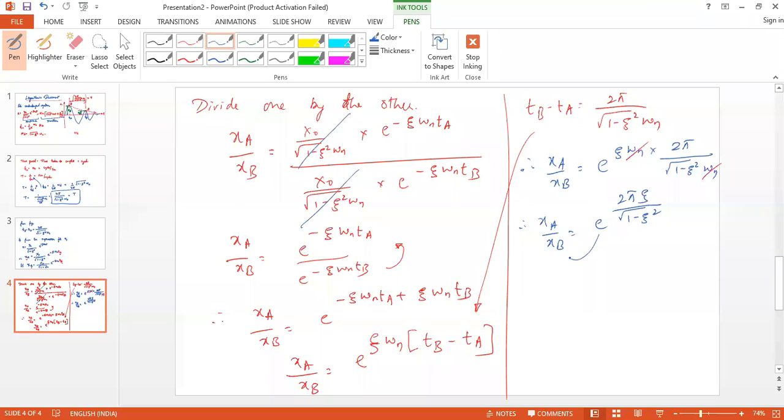So can I send this e to the left hand side? Yes, sir. It will become ln. And ln of XA by XB is equal to 2 pi beta divided by the root of 1 minus beta square.